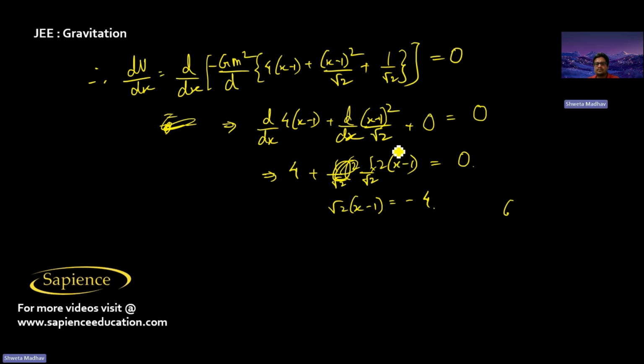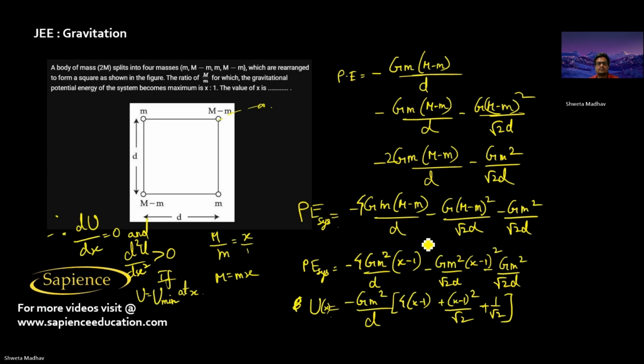Where d 2 into x minus 1 equals x minus 1, that should be equal to minus 2 root 2. That should be equal to 1 minus 2 root 2. First we check for maximum.